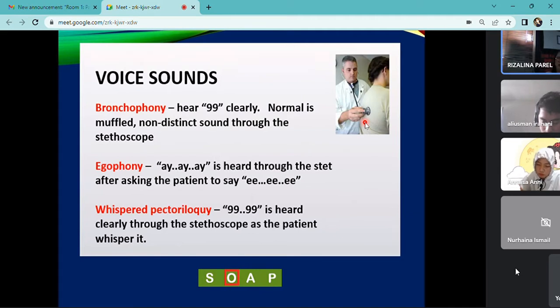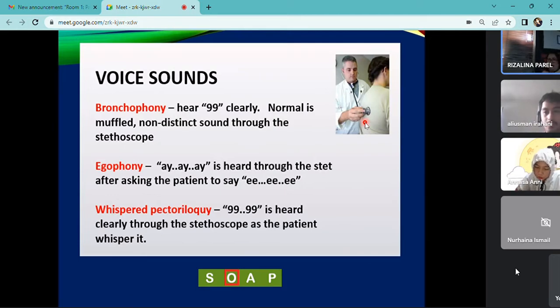Okay? Egophony is actually a part or type of bronchophony, wherein the spoken syllables are heard upon auscultation. You ask the patient to say the syllable while you auscultate, within the peripheral lung area.